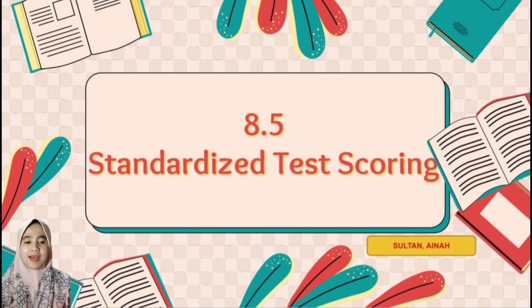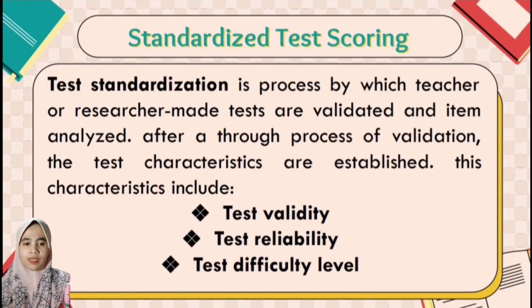My last topic is standardized test scoring. Test standardization is the process by which teacher or researcher made tests are validated and item analyzed. After a true process of validation, the test characteristics are established.